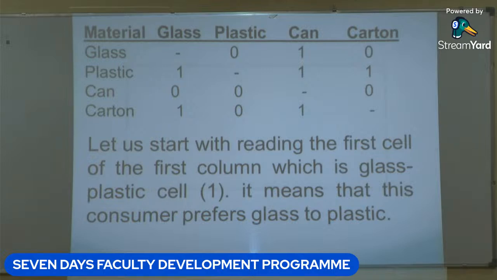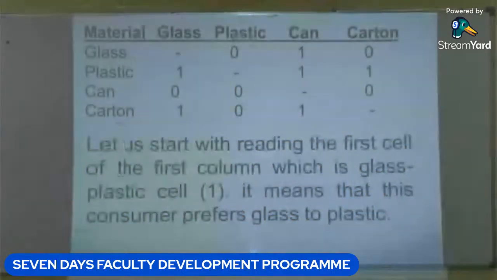Again, each row or column represents whether they prefer can to glass or not: 1 represents preferring that material for filling that particular soft drink.